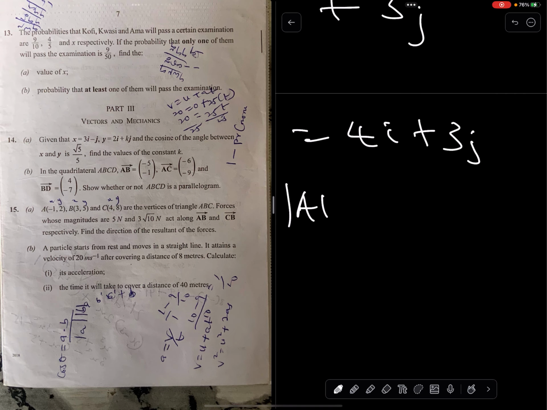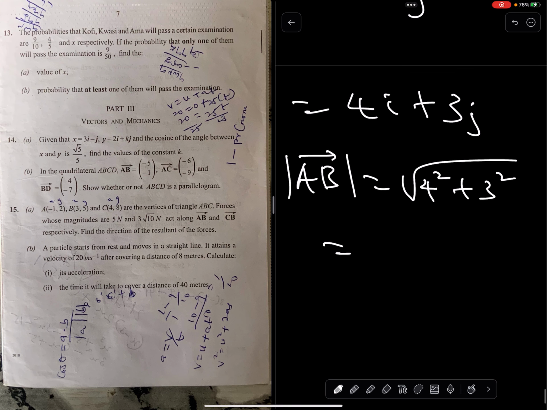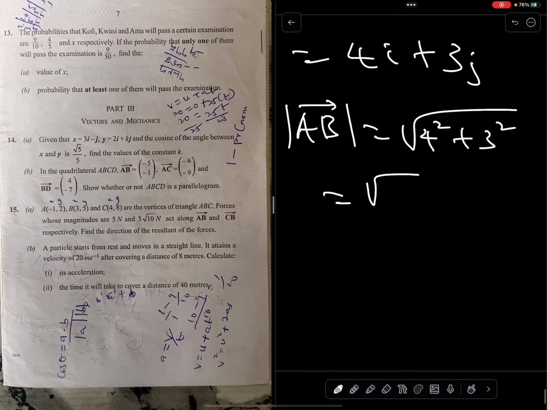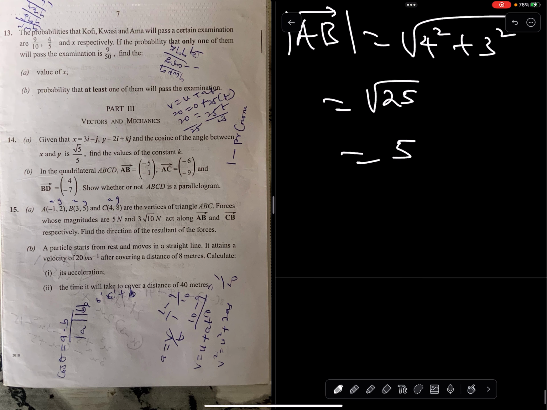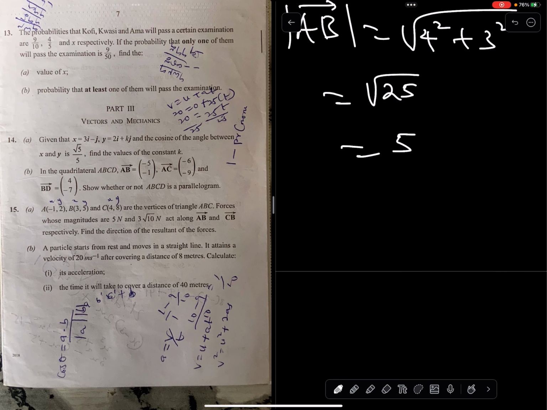Now let me find the magnitude of AB, which is the square root of 4 squared plus 3 squared, which is the square root of 16 plus 9, and that's root 25, which is 5. The next thing is to find the unit vector in the direction of AB.